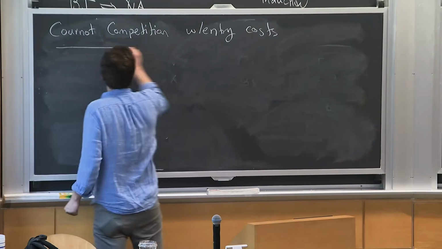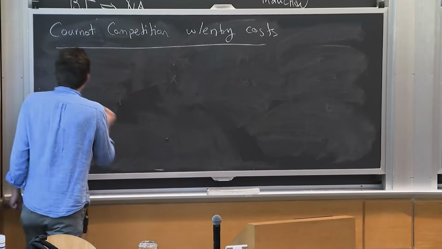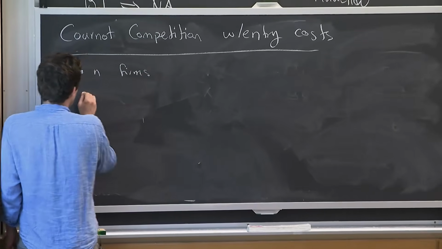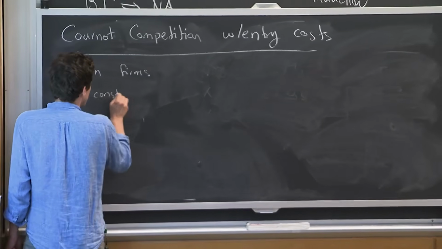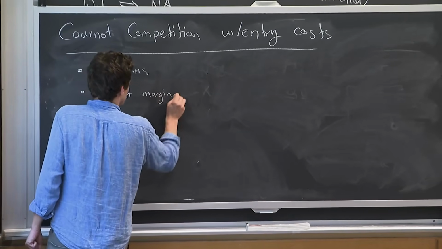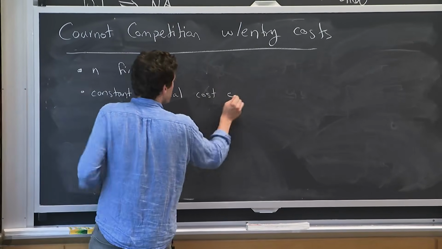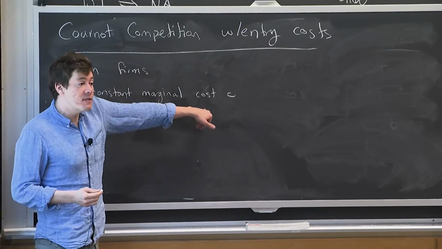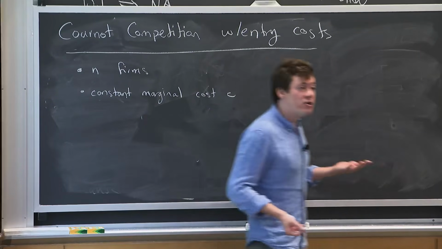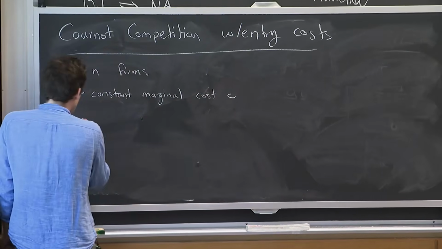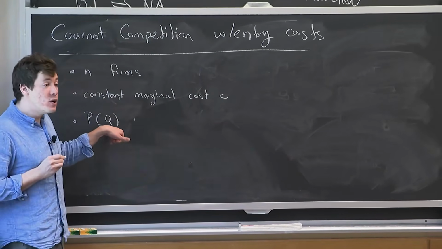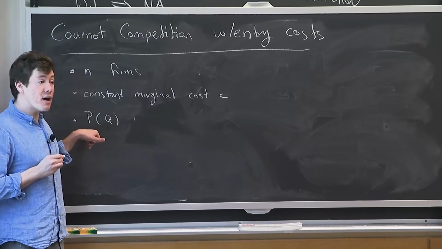And we're going to start with everything exactly as before. So we have n firms. We have constant marginal cost C. Remember, this is the constant marginal cost of production. And then we're going to specify the same convenient demand that we usually specify, which is P of Q. If quantity Q is brought to market, what is the market price going to be?